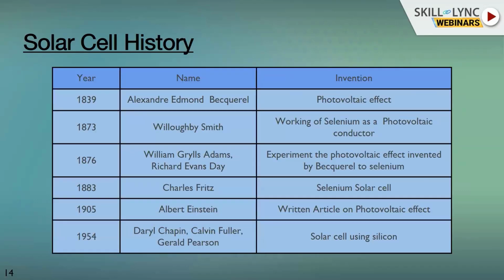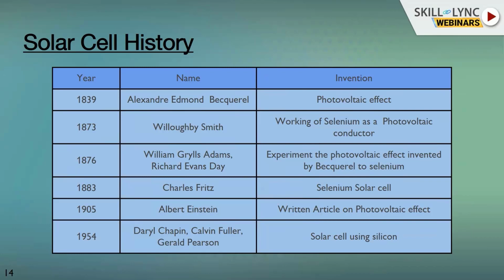The history of solar energy started in the Roman Empire, where they used solar energy for cooking. The photovoltaic effect was first discovered by Alexandre Edmond Becquerel in 1839.